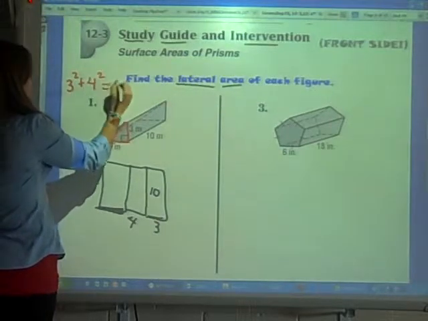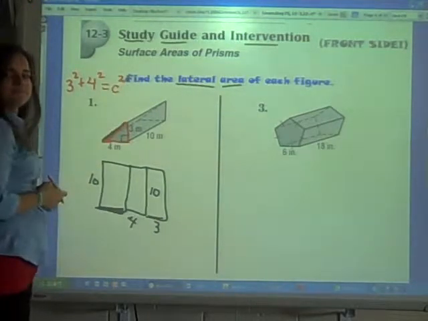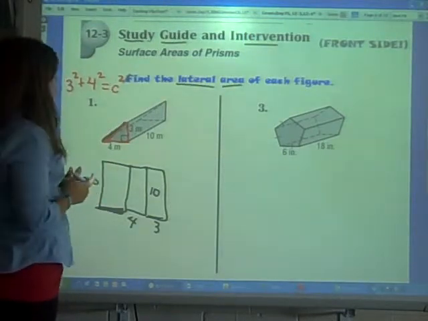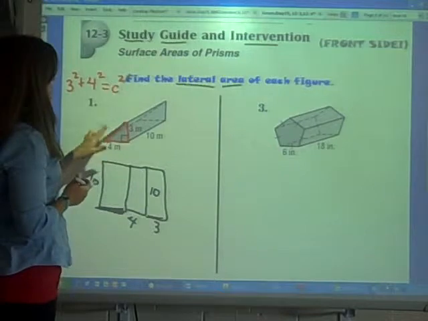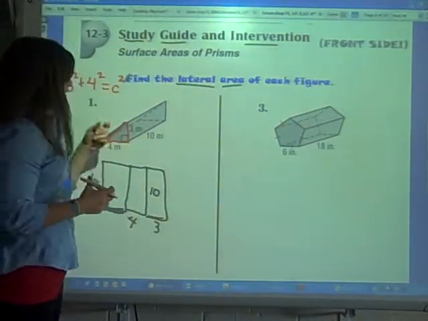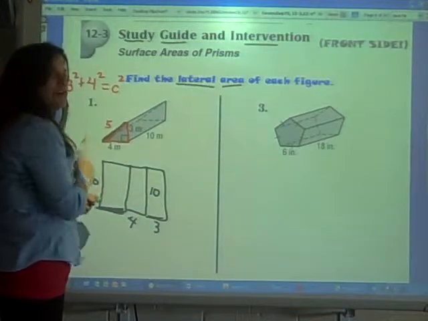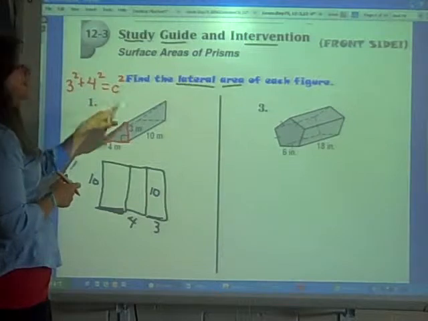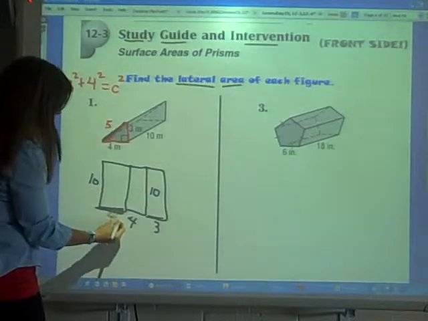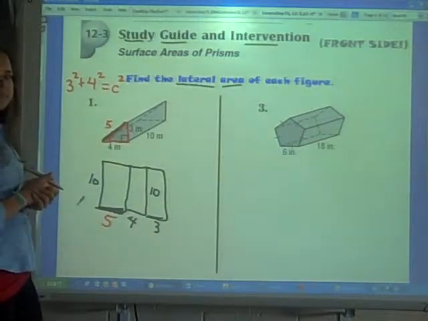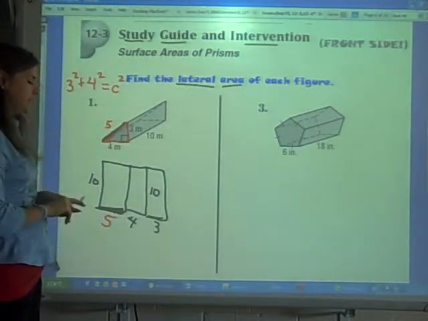This looks like a good problem for the Pythagorean theorem. If you've noticed as we've gone along the semester, 3, 4, and some other magic number make a very simple Pythagorean triple. If you know the pattern here, 3, 4, 5 is always going to make a right triangle. So you can solve this and it's going to give you 5. I'm going to save a little time here and just say, boom, we know it's 5.